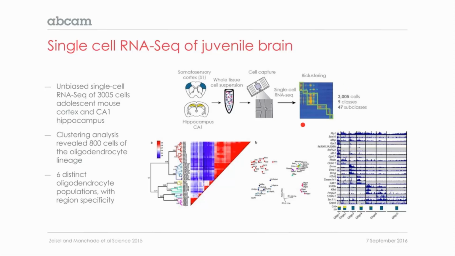So this is where our group stepped in, because doing a second level of analysis through backspin, we could detect that there were 6 distinct populations of oligodendrocytes. And here you can see the different genes that are expressed in the 6 populations that we have identified, where every bar corresponds to a single cell.